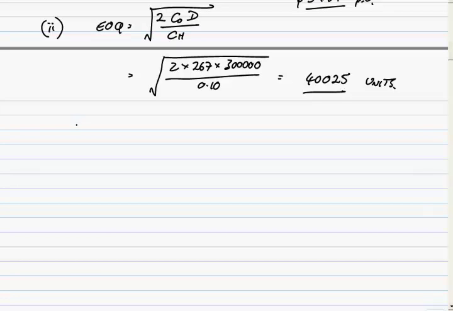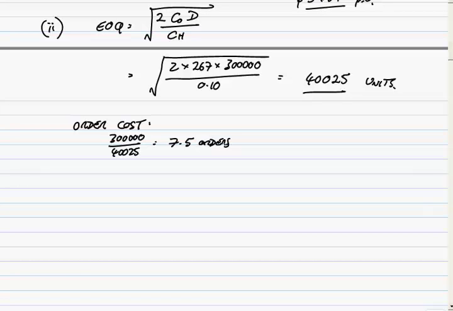Anyway, let's now cost it out. The order cost. Well, we're ordering 300,000 a year. This time 40,025 each time. So how many orders will we need? 7.5 orders a year.